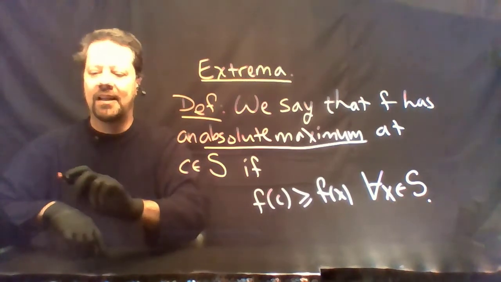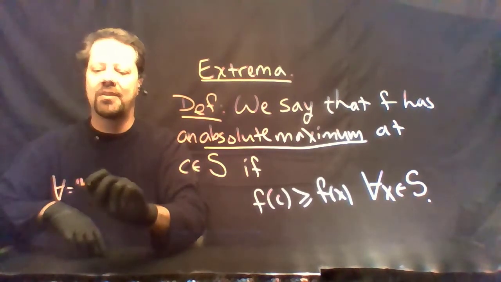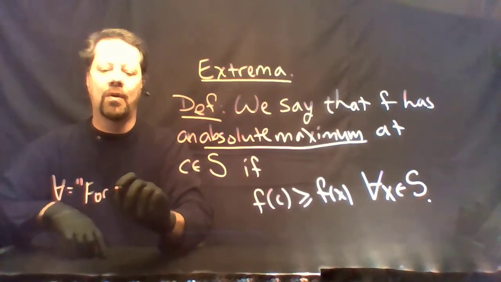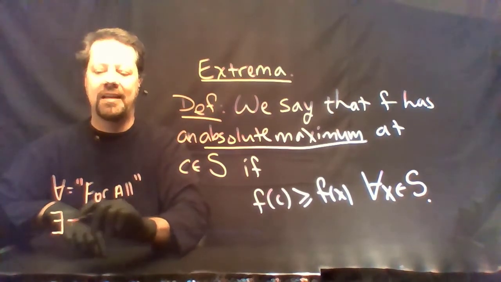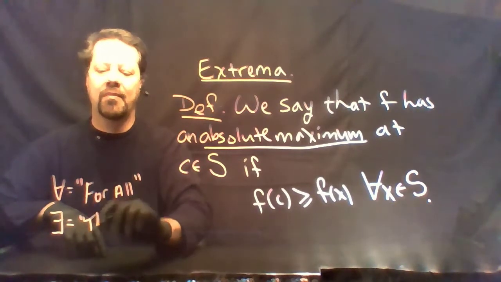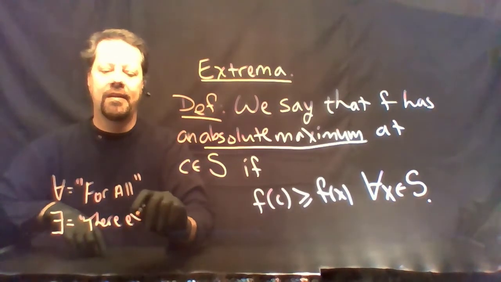Recall that an upside down A means "for all," and a backwards capital E means "there exists."